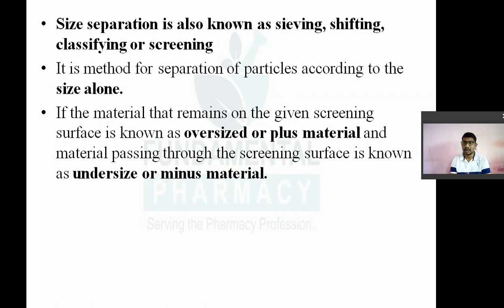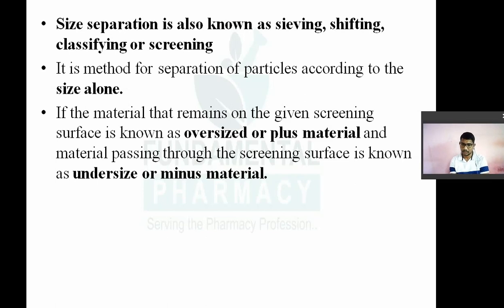So it will not establish uniformity of content, then again it will cause a formulation problem, so that's why you have to separate the powder according to its size. So coarser particle will be separated, fine particle will be separated, intermediate particle will be separated, okay? So method for separation of particle according to size alone.